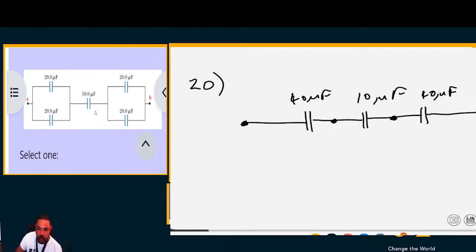That's A and B, so let's call this A, and it's B. But let's mark this point here as C and that one as D. So we can calculate the charge using the voltage drop across them.